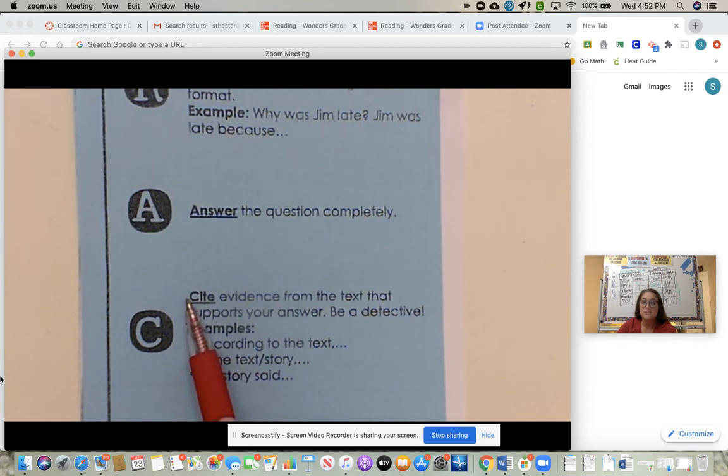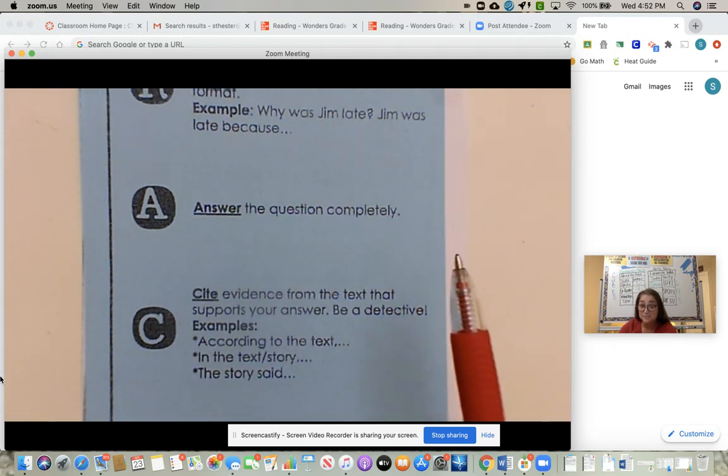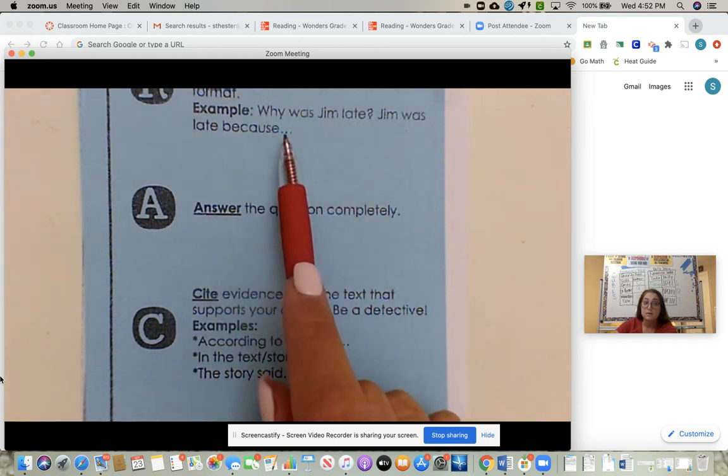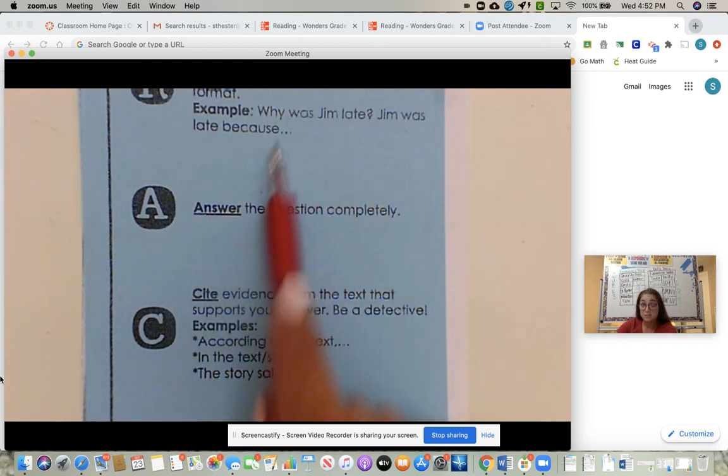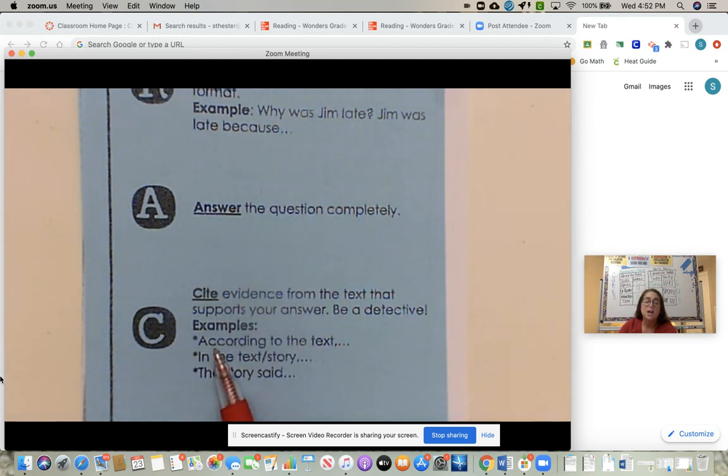C is for cite. Cite evidence from the text that supports your answer. This is where we underline in the text that supports our question and our answer. But you don't just underline in the text. Then you have to write according to the text or the story said, and it needs to go in quotation marks.